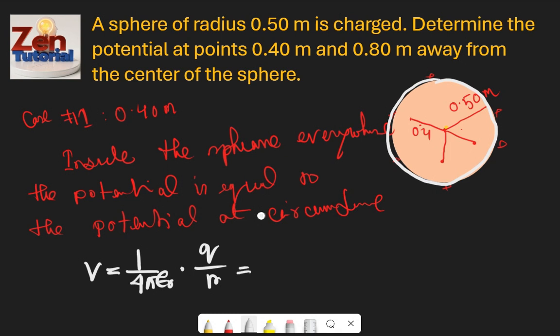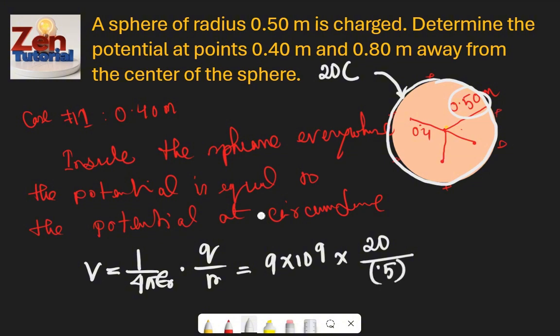Here, let's say the charge within this sphere is 20 Coulomb, and the radius is 0.50. So 9 into 10 to the power 9 into 20 over 0.5.